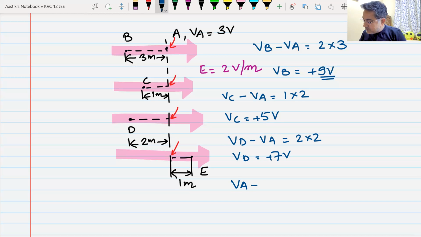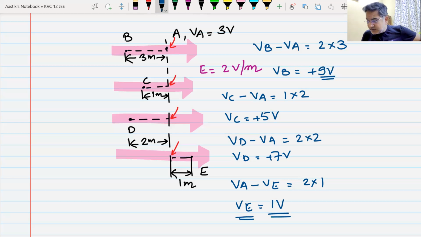So VA minus VE will be 2 into 1. Why am I multiplying 3? 2 into 1. So VE will be 1 volt. Do we understand this? So this is how you can find out electric potential difference from electric field.